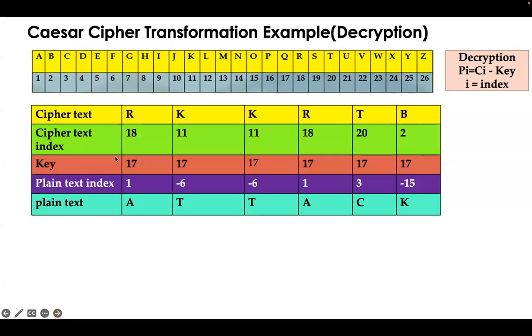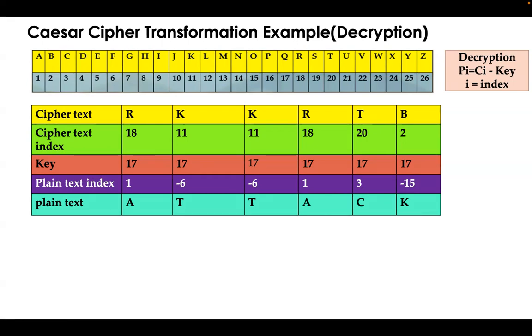Now let's see how we can find or recover the main plaintext from the ciphertext. Previously, we saw that our ciphertext was RKKRTV. Now we write down the ciphertext index, which is 18 for R, 11 for K, 11 for K again, 18 for R, 20 for T, and 2 for B. Our key Q was 17, and it is the same for everyone.